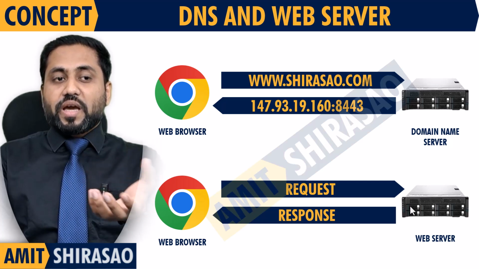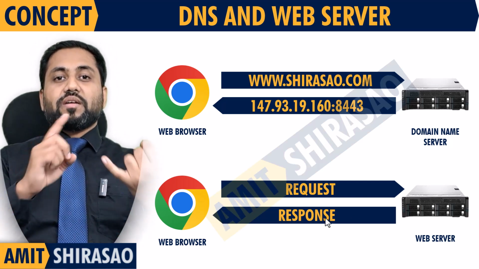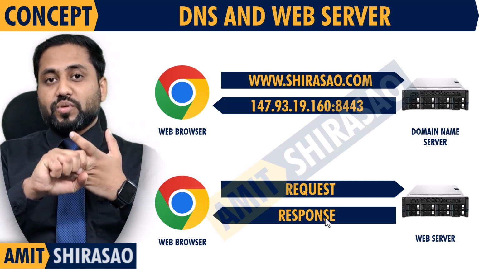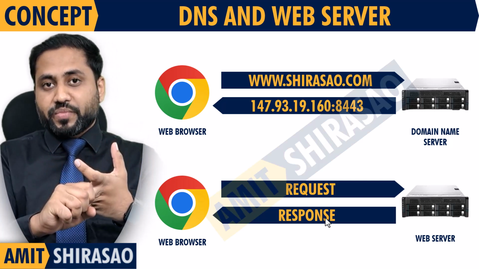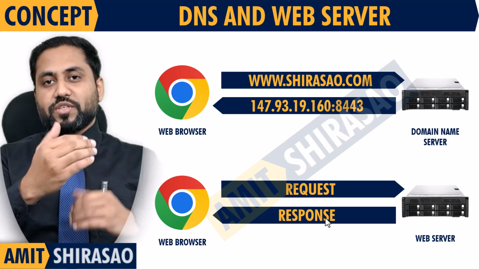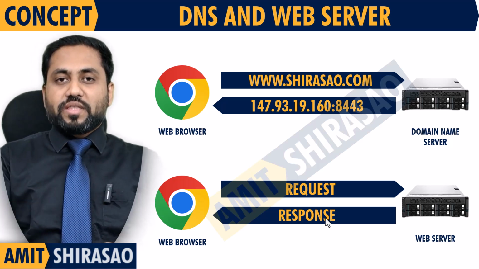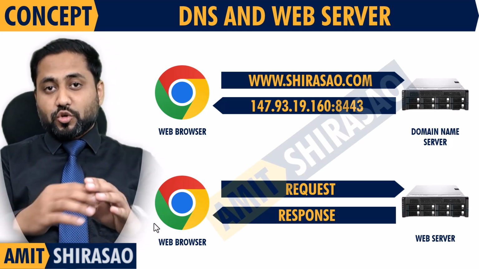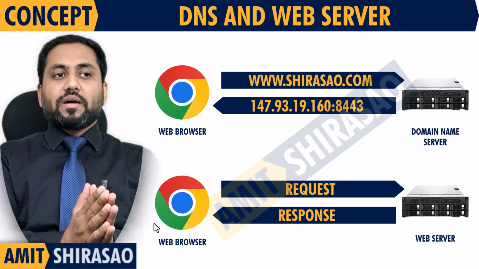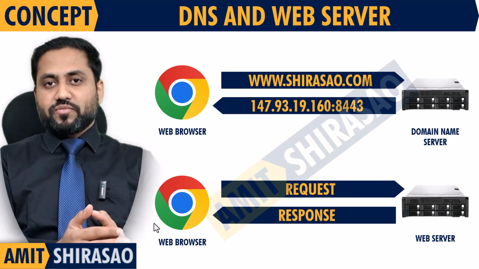That is a request, and in response you get HTML, JavaScript and CSS, because the browser understands only HTML, JavaScript and CSS. A package will be sent with HTML, JavaScript, CSS, and that will allow your browser to show you that page on the graphical user interface, the GUI, and this is how you basically serve the internet.